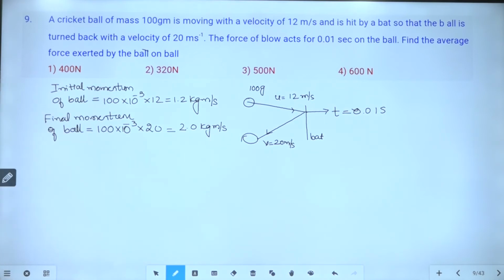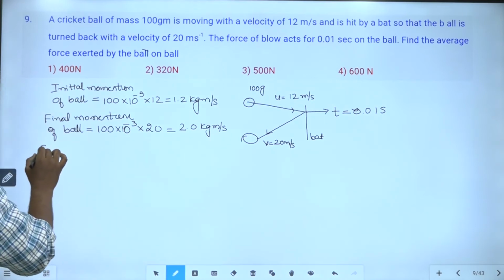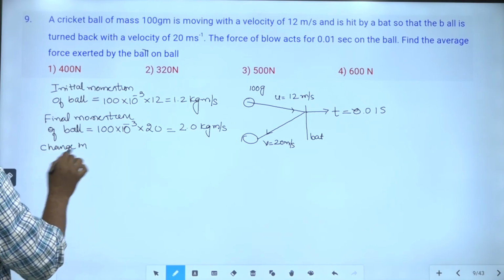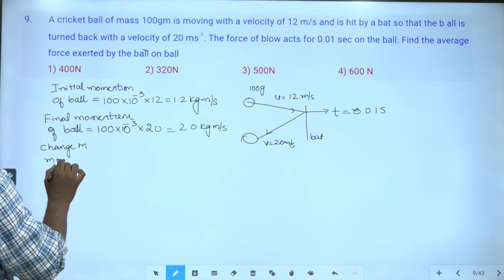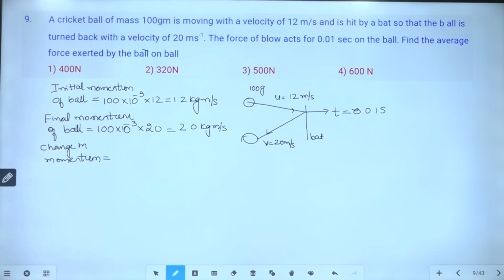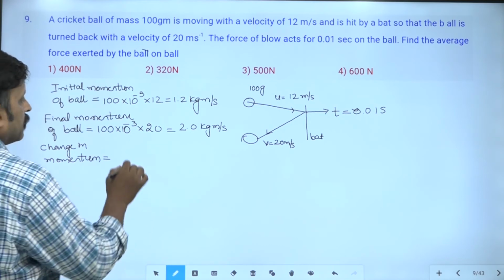Now, change in momentum. This concept is very important, children. To get the change in momentum, what we have to do? Initial momentum minus final momentum.